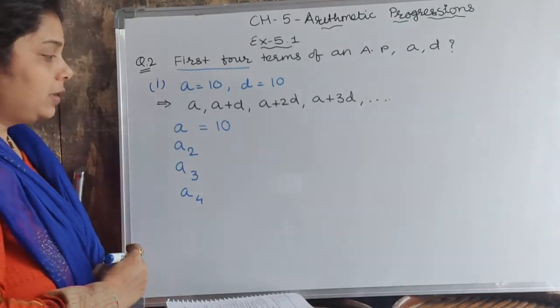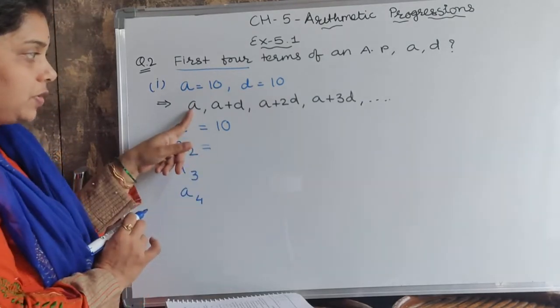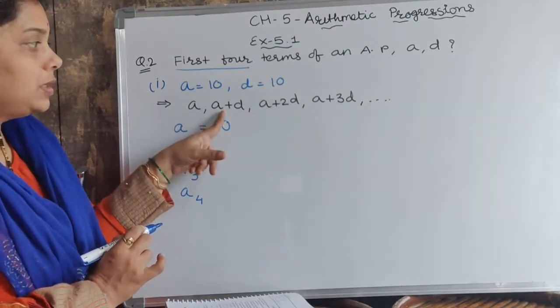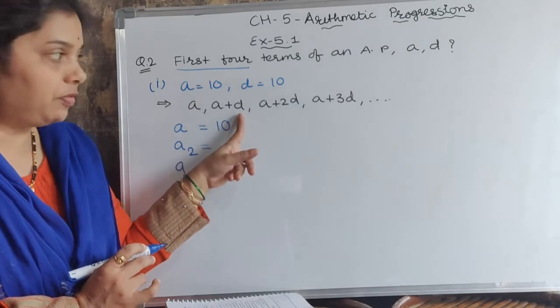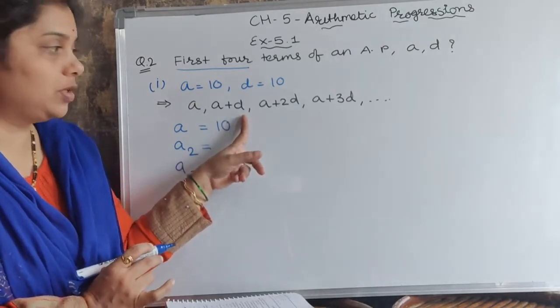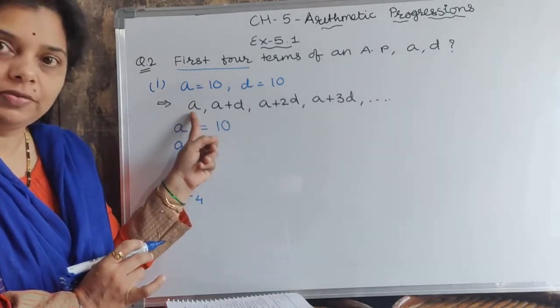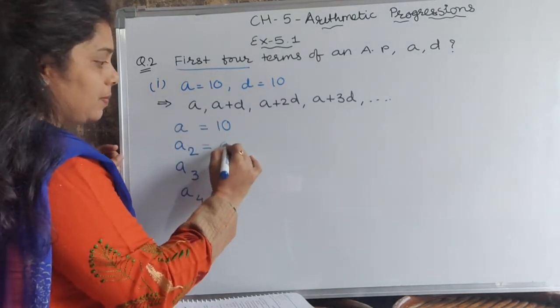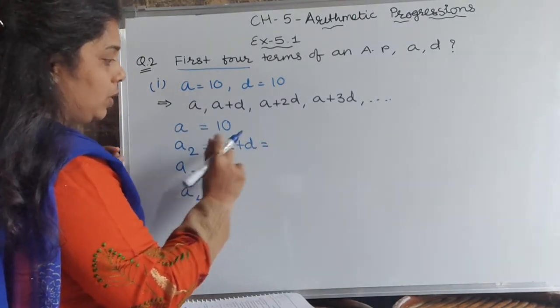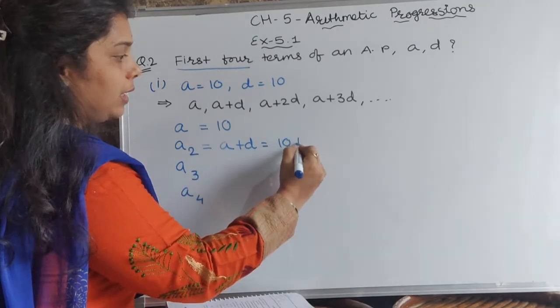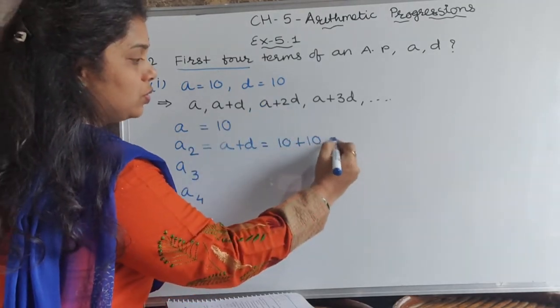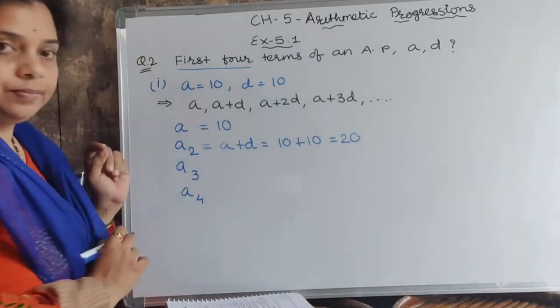How do we get the second term? This is the first term. The second term is obtained by adding a fixed number, the common difference, to the preceding one, that is, the first term. So A plus D is equal to, A is 10 and D is also 10. So the second term is 20.